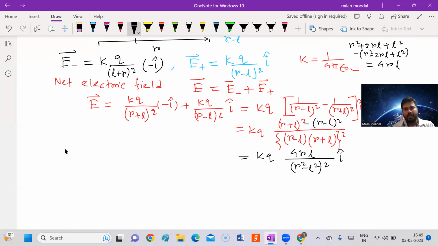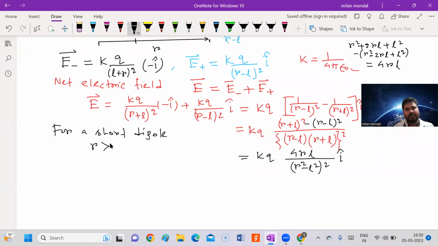Now what we will do here is consider a short dipole. Short dipole means the separation between the two charges of the dipole is very, very small compared to the distance where you are finding the electric field.